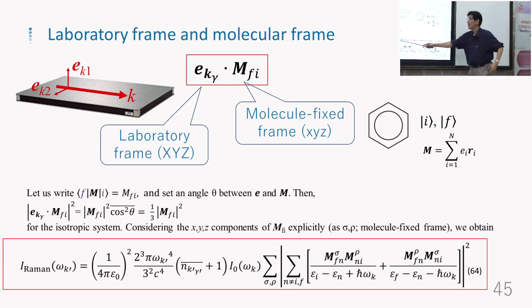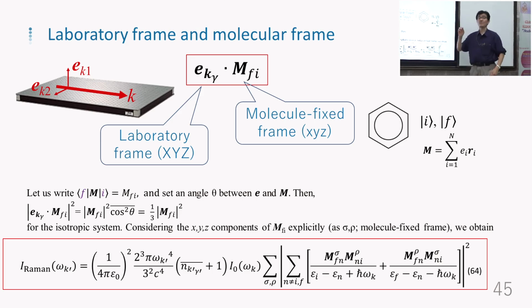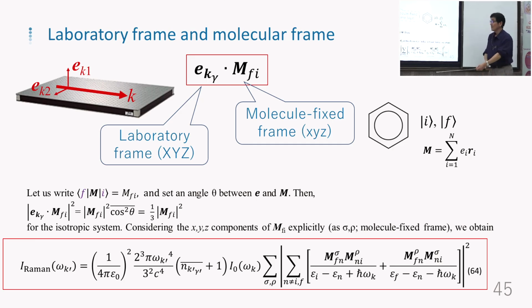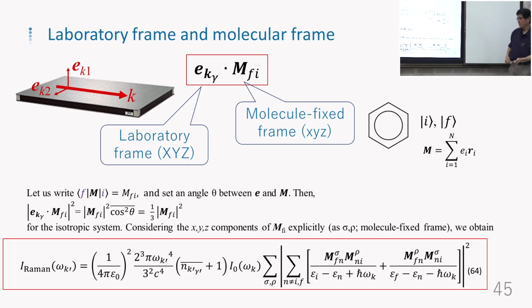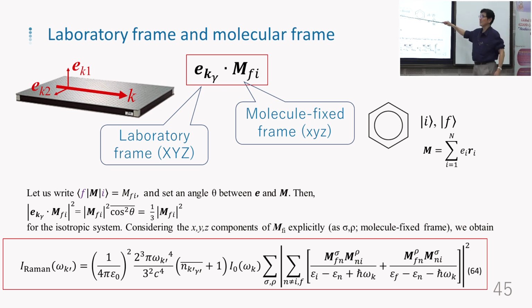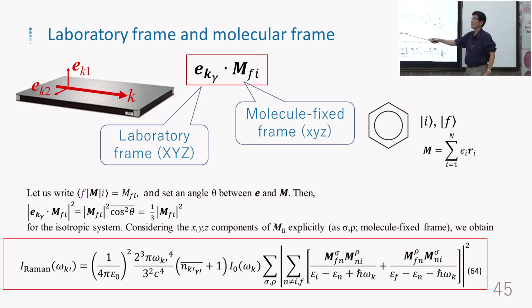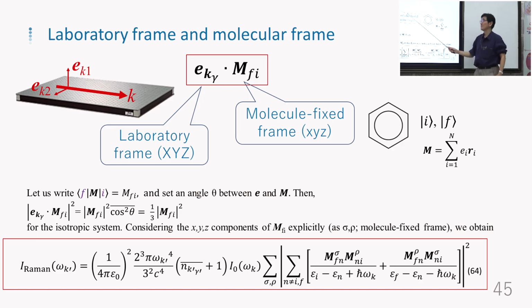M is a vector quantity, so it includes 3 components, x, y, z, in the molecule fixed frame. So sigma and rho indicate the x component, y component, z component. So 3 by 3. So this term contains 9 components. But anyway, this page explains how to take account of the difference of the coordinate framework.